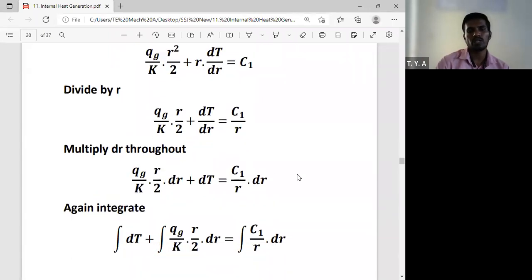So integration of dt plus integration of QG by K into R by 2 into dr is equal to integration of C1 by R into dr.